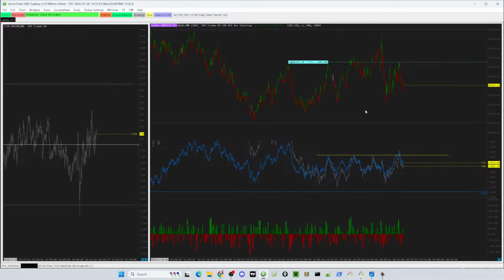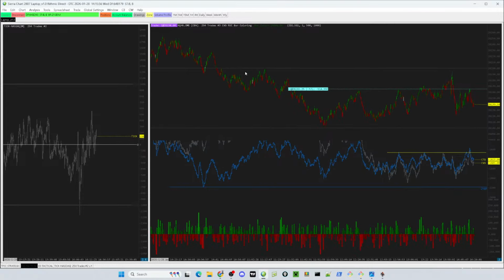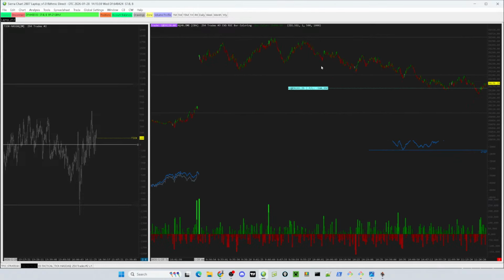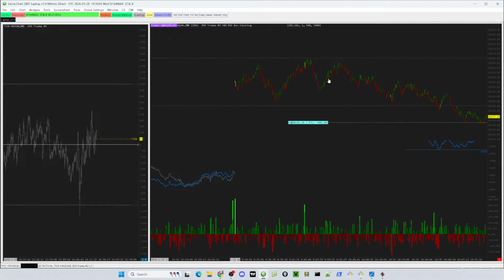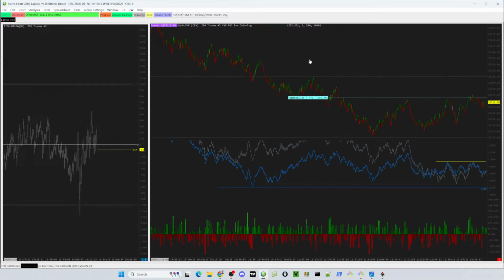So they get brighter. They get brighter the more intense that it gets. Okay, so like this one, you can see that this candle right here is nice and bright. I would imagine those are sell stops that are being run.